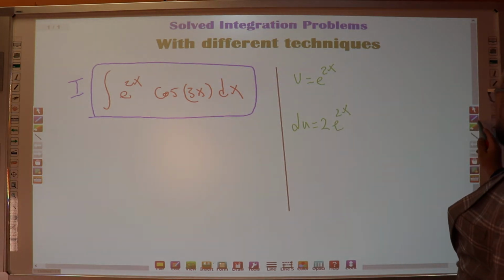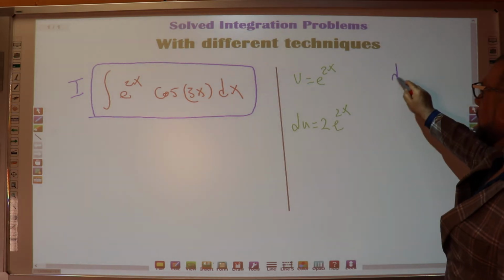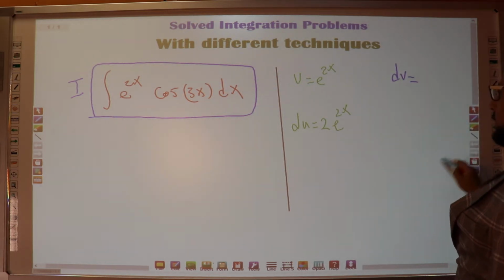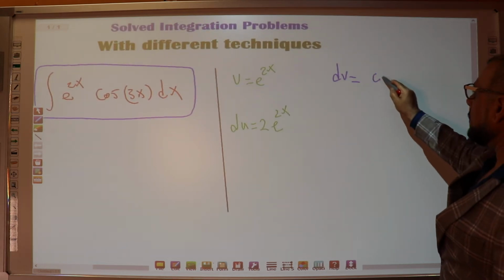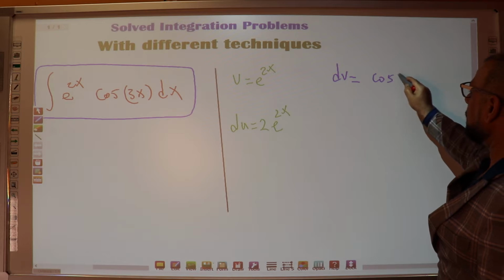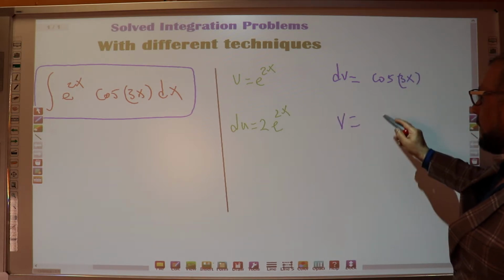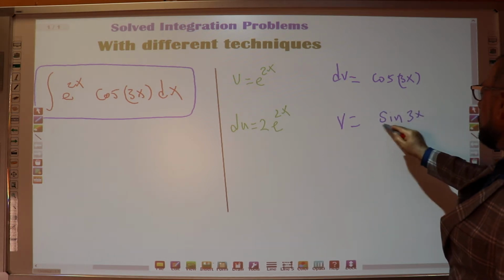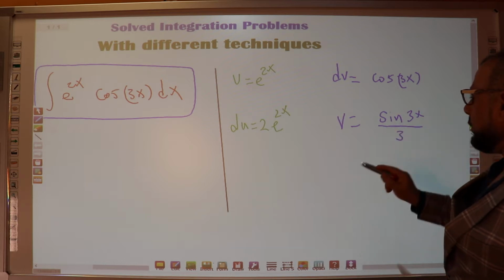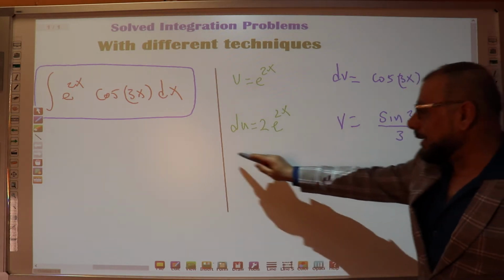Now dv equals cosine 3x. v, the integration of cosine is sine 3x over 3, which is 1/3.